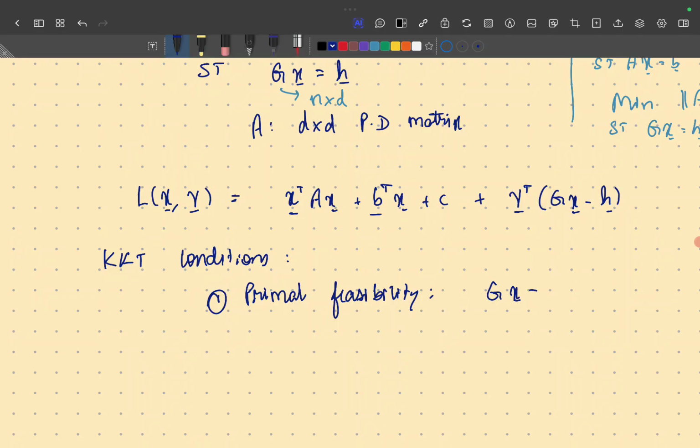They just say that Gx should be equal to h. Let's make note of that. I don't have any other primal feasibility constraints. What about dual feasibility? I don't have any dual feasibility constraints because I don't have the lambda vector. It's purely a function of nu, so no constraints on nu.